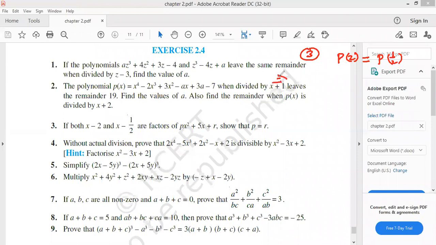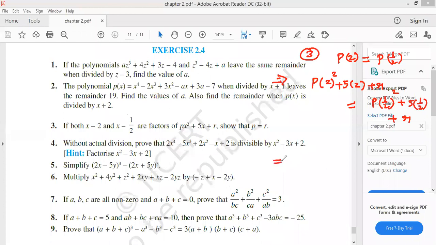Now just substitute the value of x as 2 and 1 by 2. If you substitute x is equal to 2, it will be what? p into 2 square plus 5 into 2 plus r is equal to what? p into 1 by 2 whole square plus 5 into 1 by 2 plus r, right?